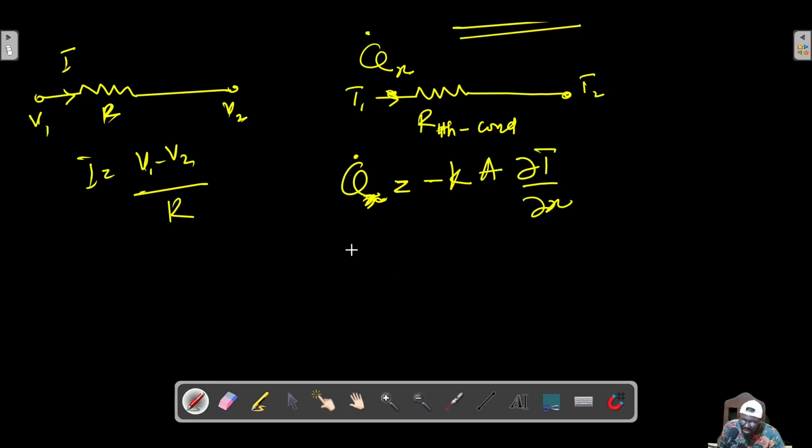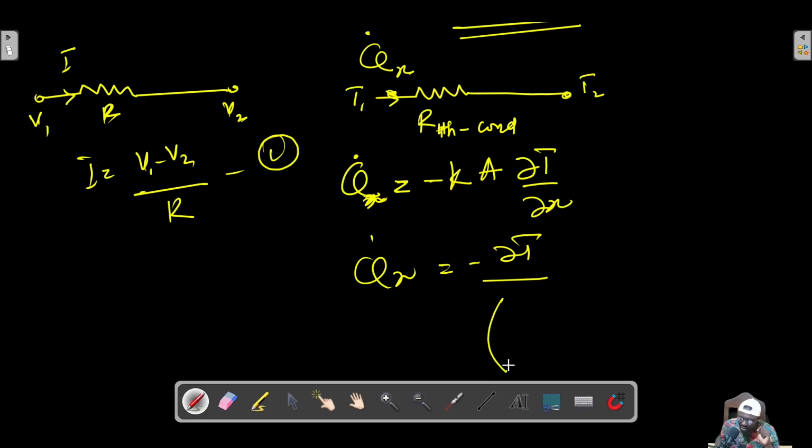Then I can say that, comparing these equations, equation 1, Q X dot will be equal to the temperature difference, which is what is driving the heat flow. For the electrical case, the difference in potential is what is driving the current. For here, the difference in temperature is what is driving the heat flow. So I can say negative del T divided by whatever is here will be our thermal resistance.